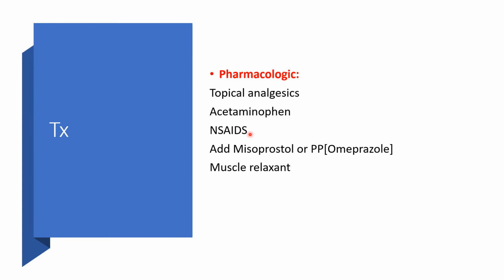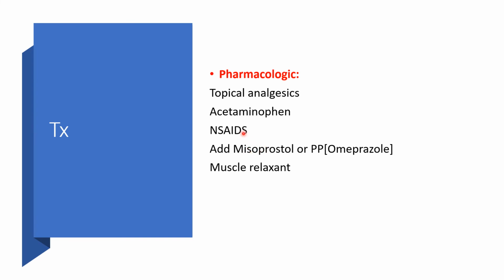It could be ibuprofen, could be naproxen, but those ones will cause gastrointestinal tract ulceration, okay? In that case, you add misoprostol. Cytotec is the better option when it comes to non-steroidal anti-inflammatory drug related peptic ulcer.